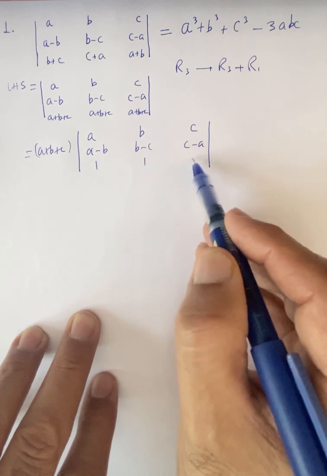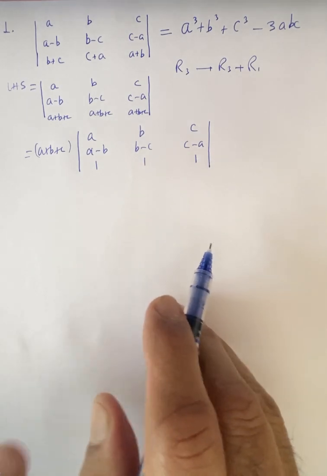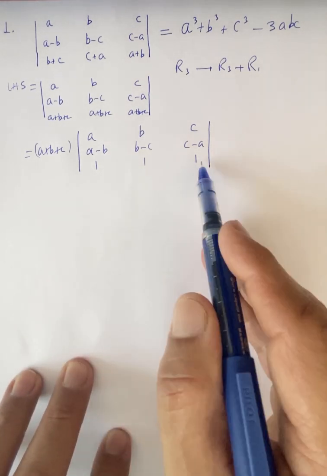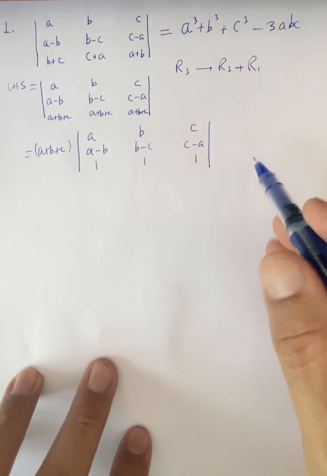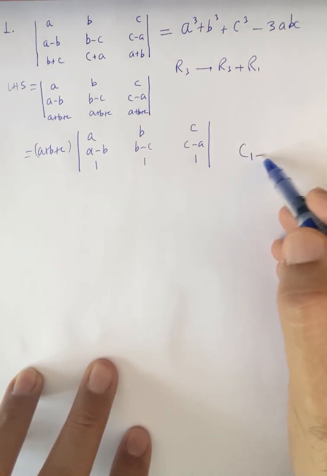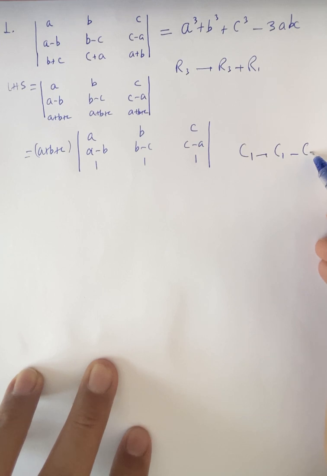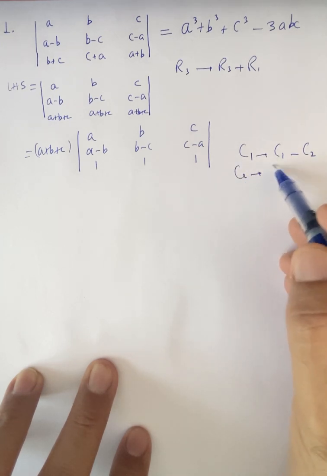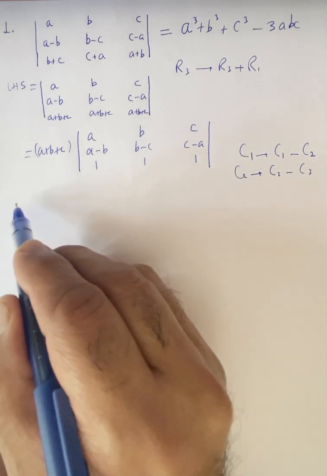This is 1, 1 and 1. Once we have ones, we subtract ones to get zeros. For that we change C1 to C1 minus C2 and C2 to C2 minus C3.